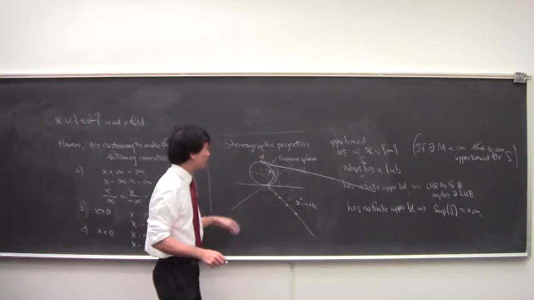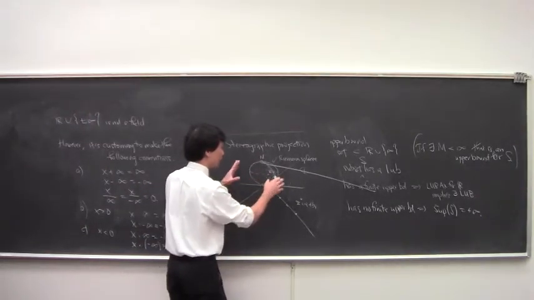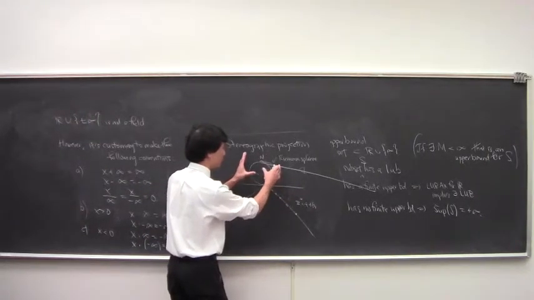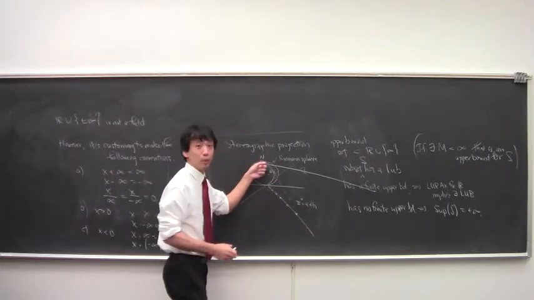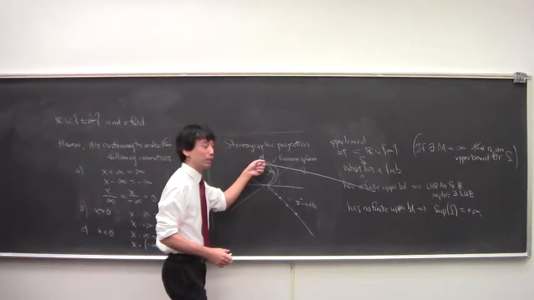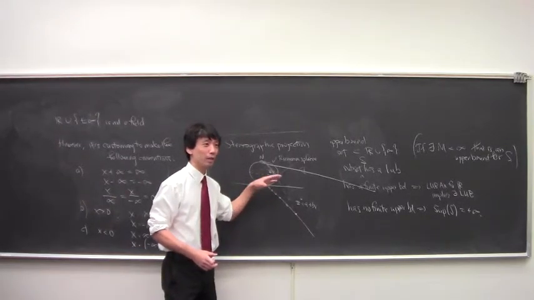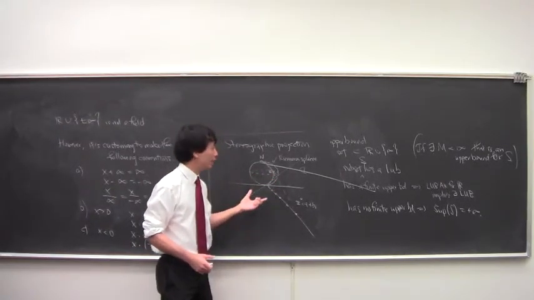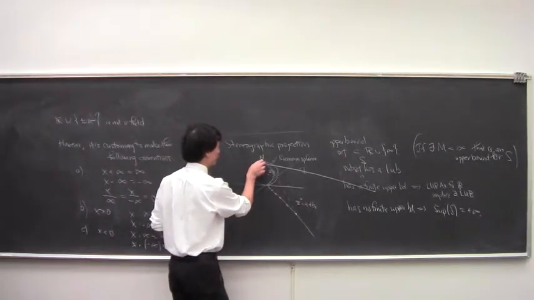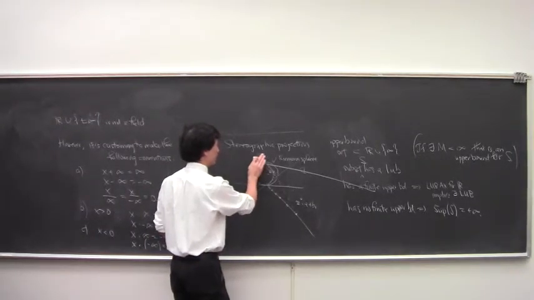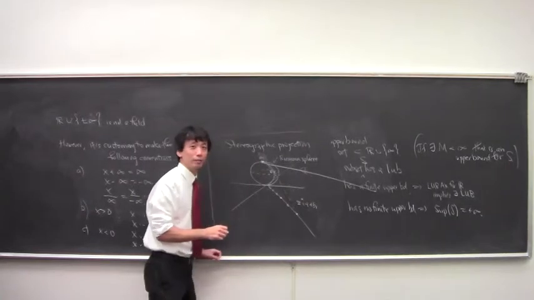Well, in complex analysis, you say the complex plane is mapped onto the sphere, excluding this point. And actually, sometimes it's more convenient to work on the sphere than on the complex plane. What you do is you say, let's close up that hole in the top, and let's just call that thing infinity.